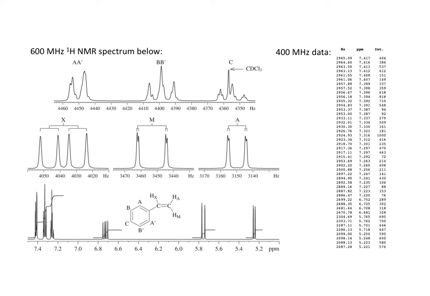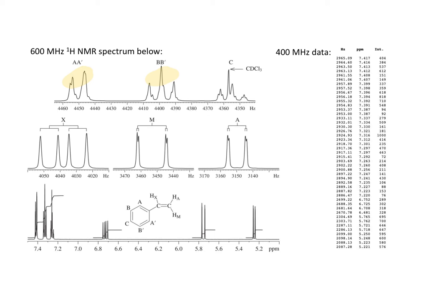We revisit the spectra of styrene, where we had previously worked through the alkene hydrogen assignments. For the aromatic ring, we see a non-first order spectrum for the peaks that are ortho and meta to the alkene substituent.